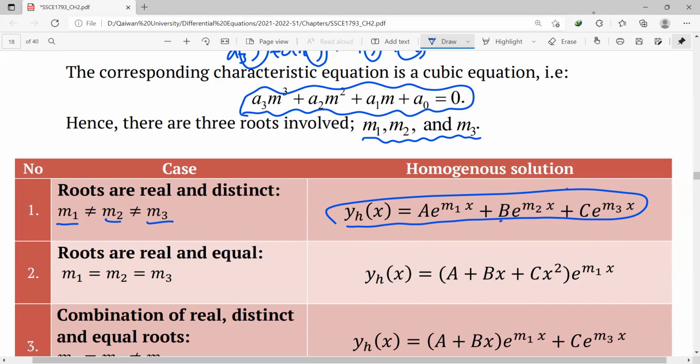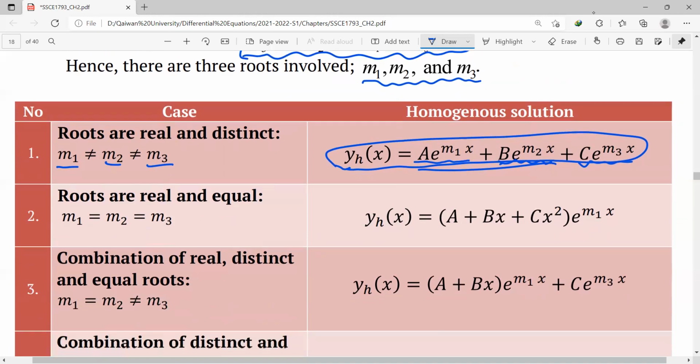Before, we just had these two: a e to the power m1x plus b e to the power m2x, for two distinct roots when the differential equation is second order. But if it's third order and we have 3 distinct m, the homogeneous solution is a e to the power m1x plus b e to the power m2x plus c e to the power m3x. That's the general form of the homogeneous solution.